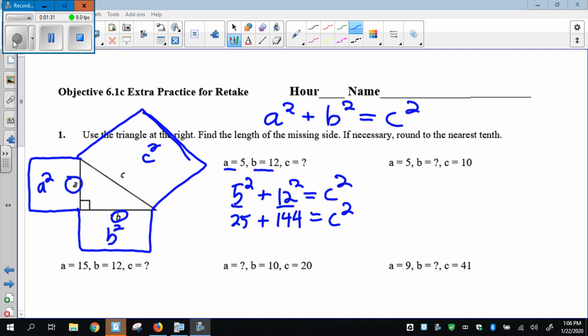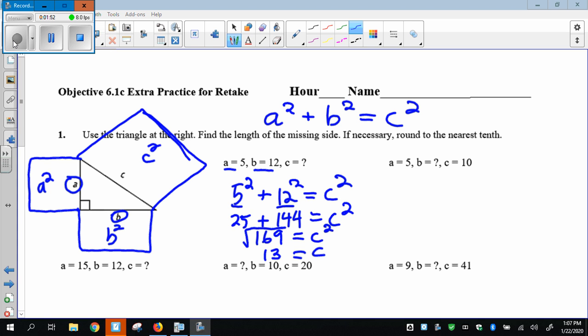They'll equal c squared. Add those together, that's 169. Now that's the area of the square on the hypotenuse. I have to do one more step to find c, and that's the square root of 169, which is 13.